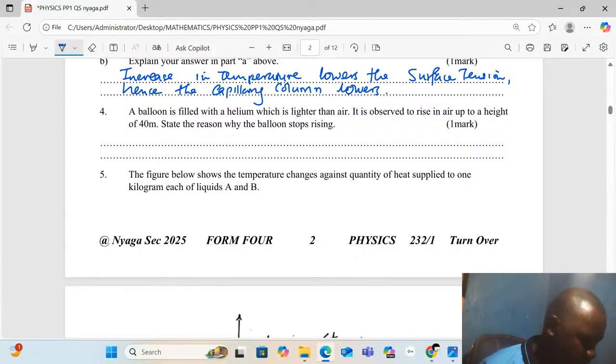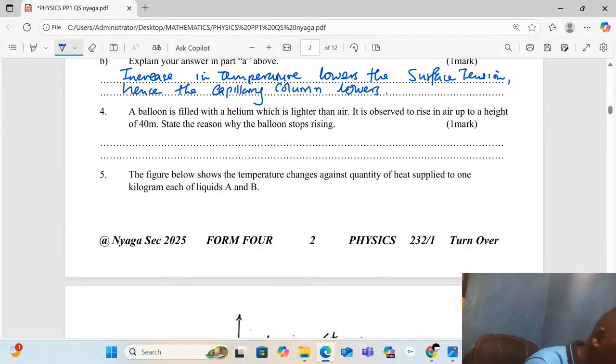It comes to a point where the upthrust force equalizes the weight of helium and its fabric. So the upthrust force offered by the air will equalize the weight of the balloon, its fabric, plus the weight of the helium inside.